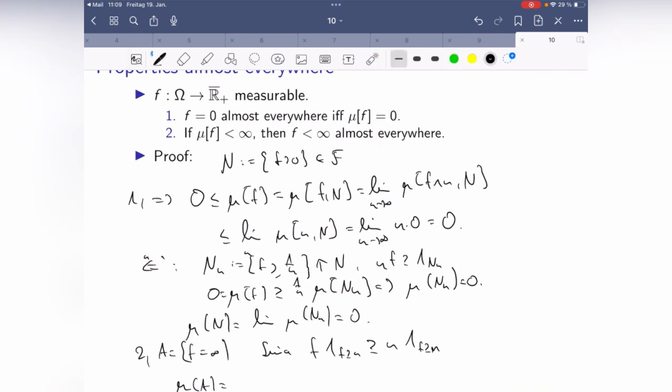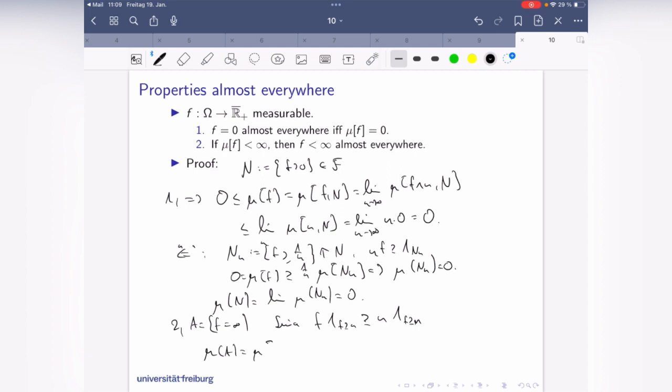That's mu integrated against the indicator of A. A is the set where f is infinity. If f is infinity, it's certainly bigger than any small n. That's integrating this function here, so that's smaller or equal than f divided by n times the indicator of f bigger or equal than n.